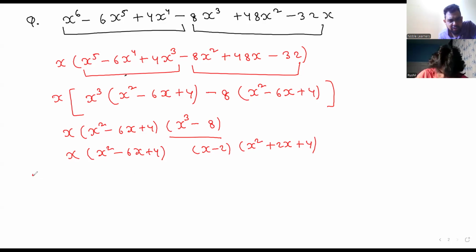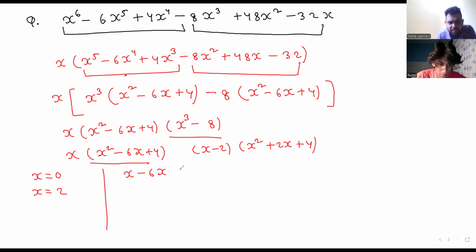Now two zeros, we already know: x equal to 0 will come and x equal to 2 will come. Now we need to work with the other two. So let us complete the square. x squared minus 6x equals negative 4. So basically, you know now how to complete the square, right?